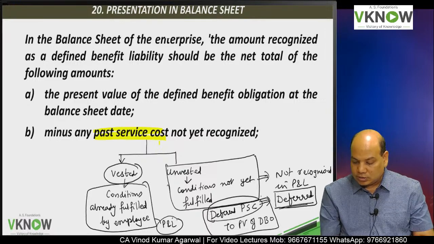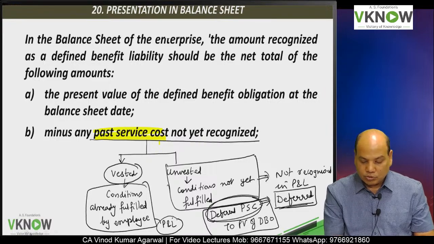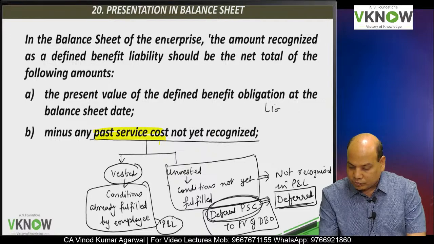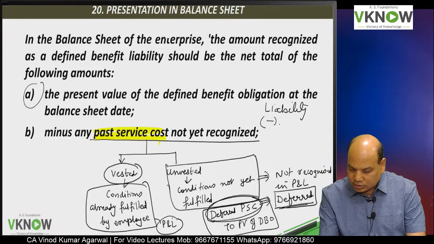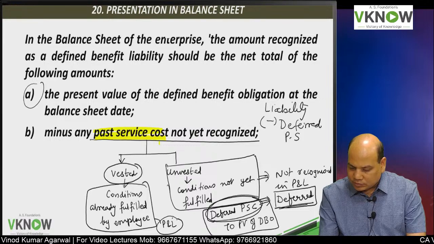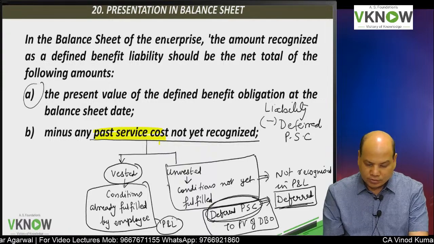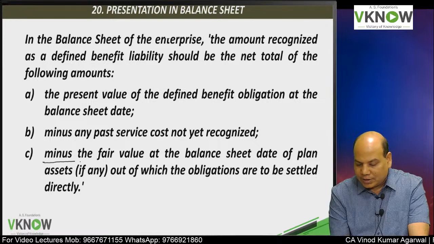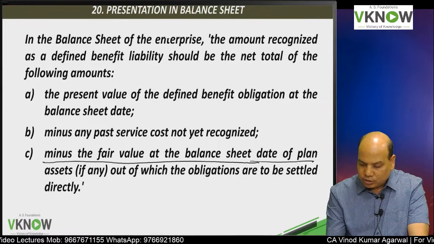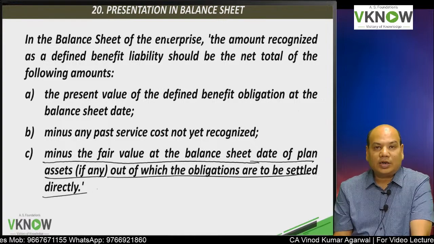So the standard says this will be shown as a deduction from the liability. So liability, point number A, minus deferred past service cost, point number B, and point number C, minus the fair value at the balance sheet date of plan asset, if any, out of which obligations are to be settled directly.